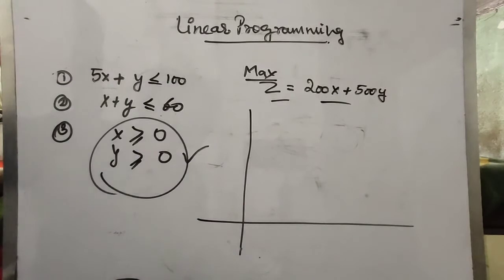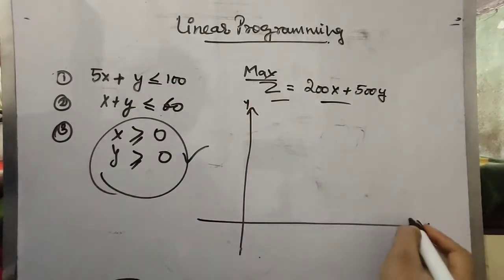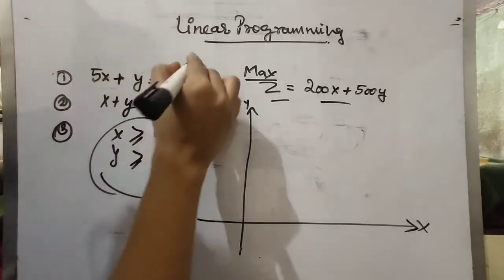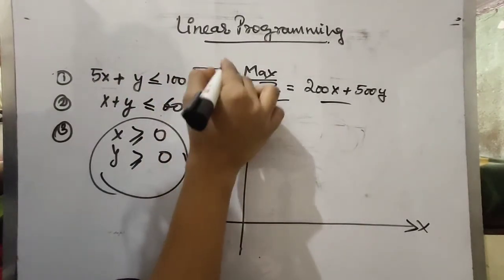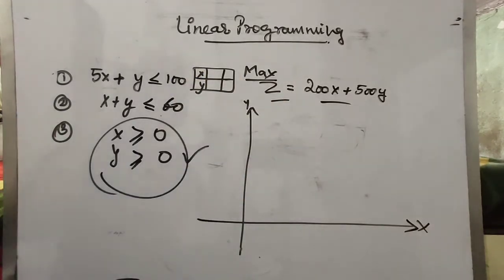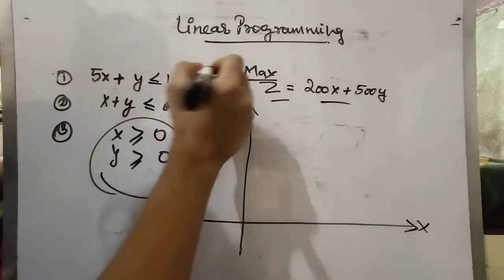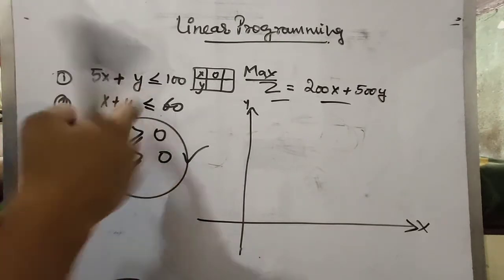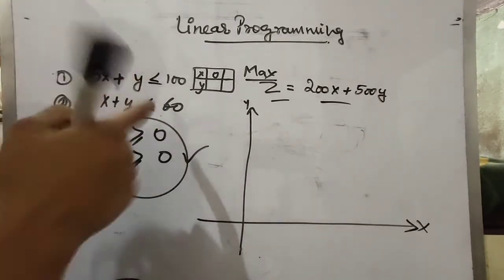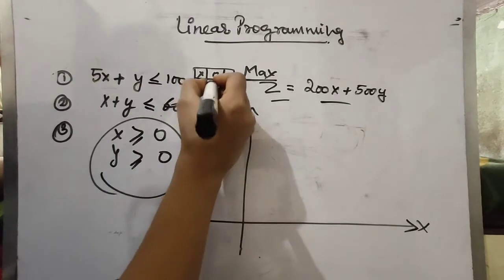For example, this is my axis, x-axis, y-axis, and first I'll explain how to plot the points. The easiest way to plot the points is first keep x as 0 and find the value of y when x is 0, so it will be 100.